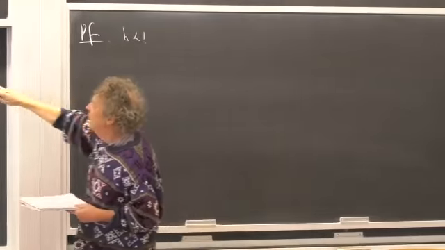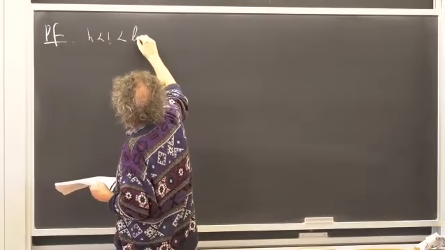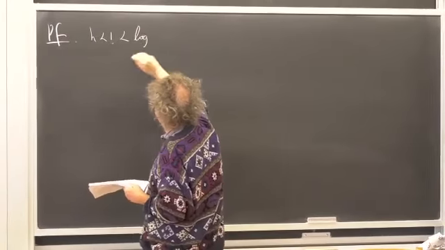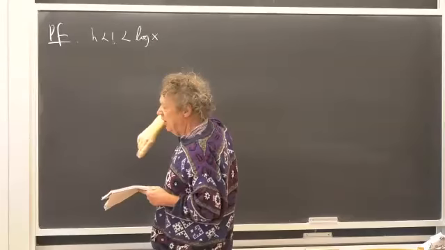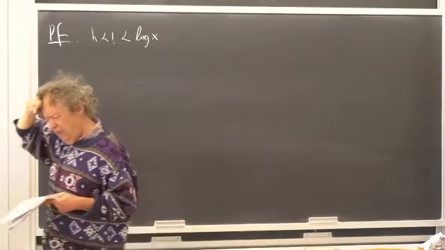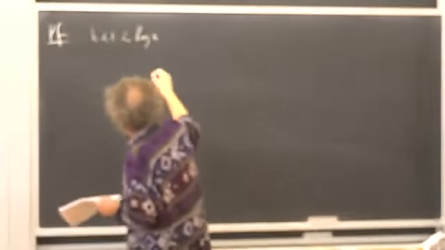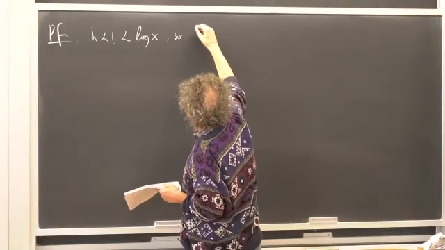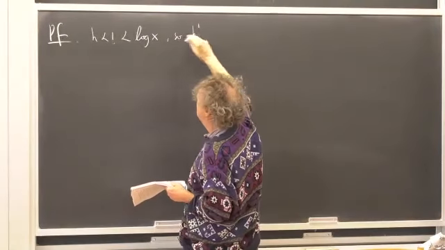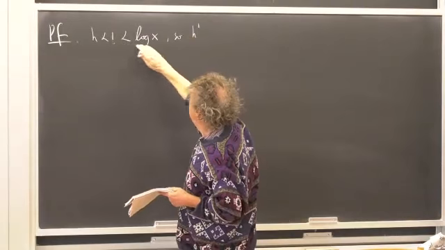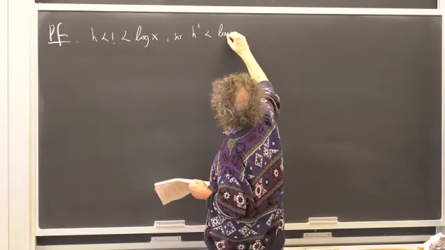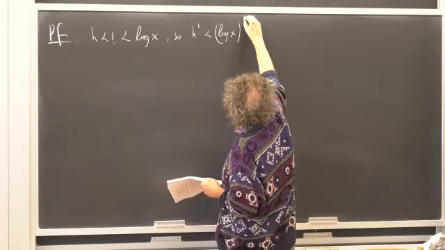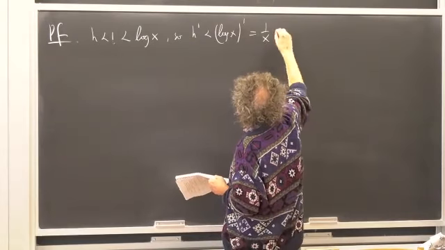Now, since h is Hardian, we have h strictly dominated by 1 and strictly dominated by log x. We go to a bigger Hardy field where you have both x and log x, which you can always do. So by the usual asymptotic rules for differentiating things, log x prime is 1 over x.